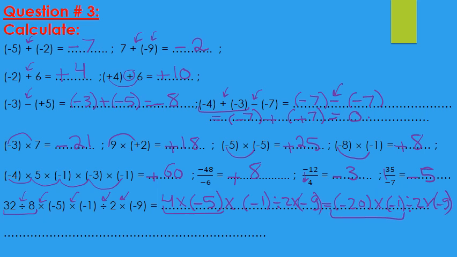Now also from left, negative times negative is positive, 20 times 1 is 20 divided 2 times minus 9. Now positive divided by positive is positive, 20 divided by 2 is 10 times minus 9 is equal to minus 90.